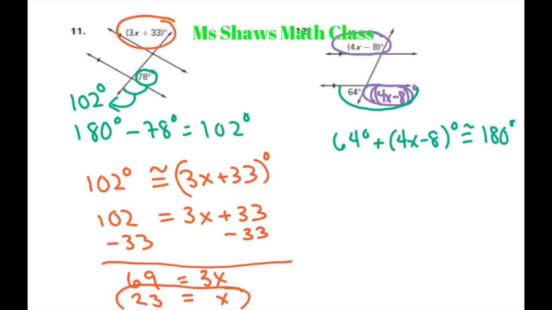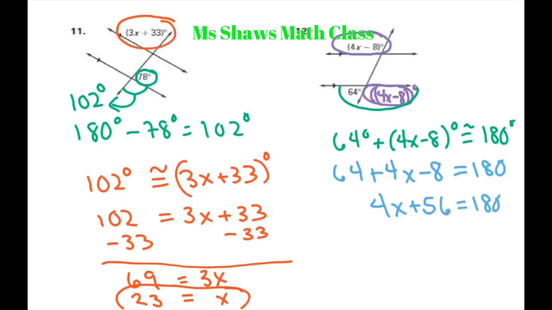So let's set that up. We have 64 plus 4x minus 8 equals 180. So 64 minus 8 gives you 56. And subtract 56 from 180.